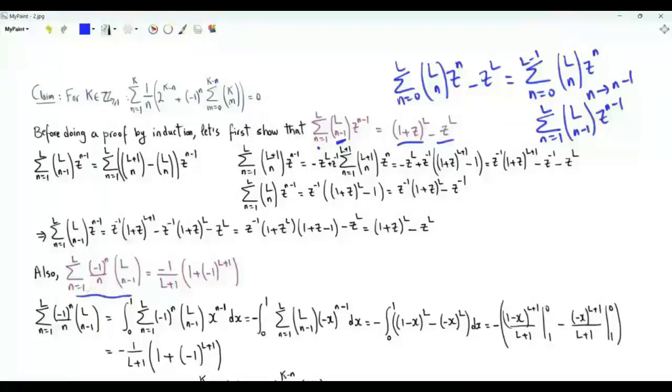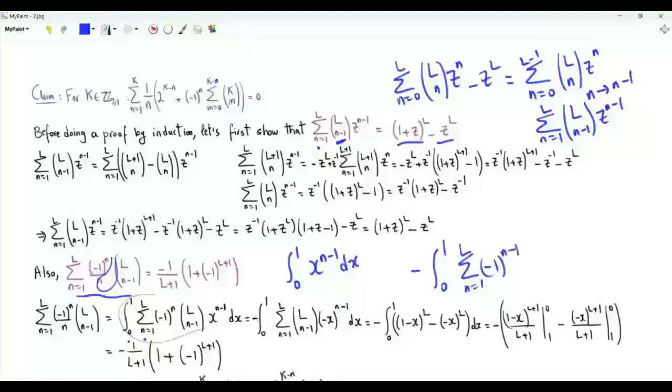We need another result related to this sum, n from 1 to L, (-1)^n over n, L choose n minus 1. We can write 1 over n as integral x from 0 to 1 of x^(n-1). Swapping summation and integration, we have minus integral x from 0 to 1, summation n from 1 to L, (-1)^(n-1), L choose n minus 1, x^(n-1).